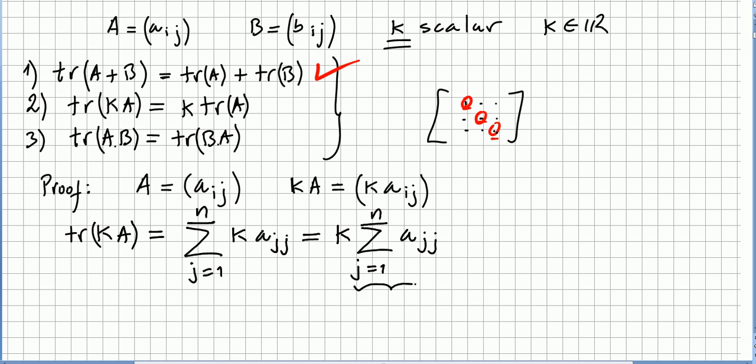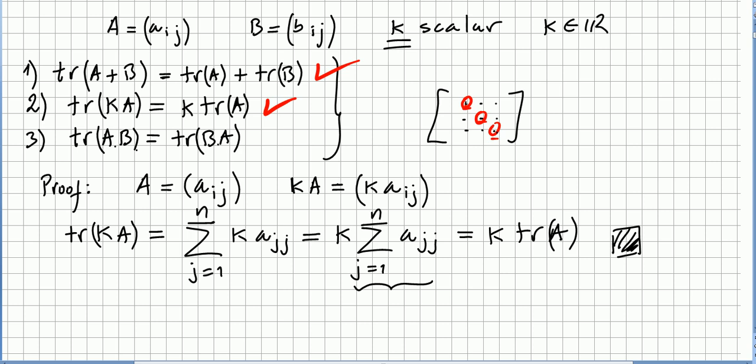Here what you have is k, and here you have the trace of A. So the trace of kA is equal to k trace of A. That concludes the proof. So we provided a proof for the trace of kA, where k is a scalar, is equal to k trace of A.